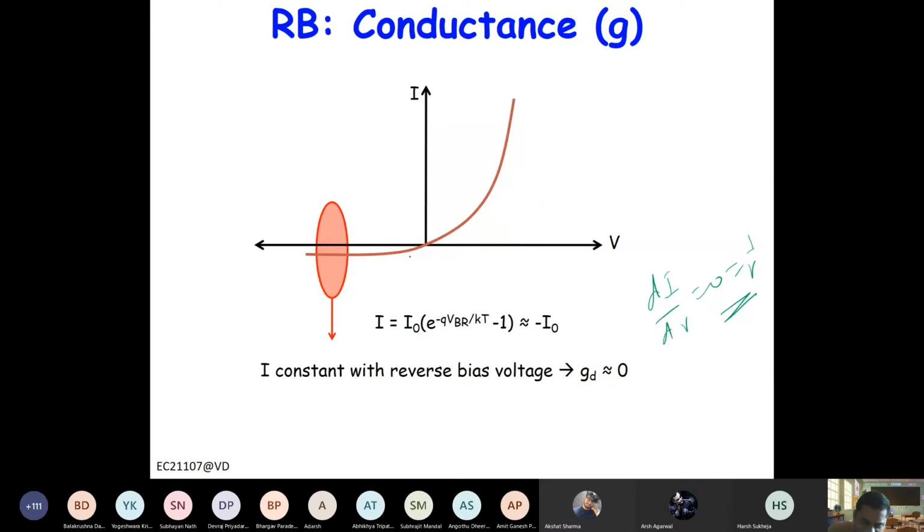Of course, it has some dependence on square root of V, but that is very small. So you can consider R to be very large. It is not infinite, but it is very large, and that is called leakage current. So we can say it's almost infinite, or 1 over R, the conductance, is near 0. So for reverse bias, R is very large.